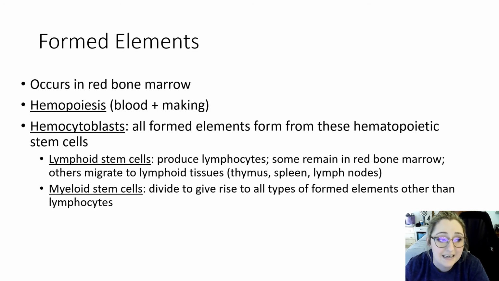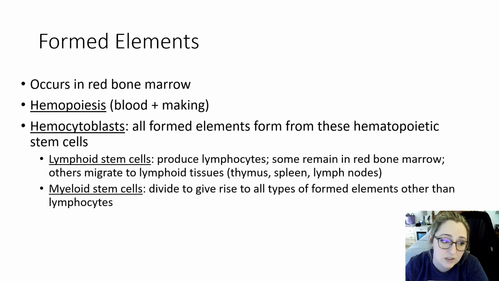You have a hemocytoblast, which are going to be all formed elements, are formed from these stem cells. So hemocytoblasts are like baby blood cells, baby white blood cells, baby red blood cells, and baby platelets, if you will. You do have a few other cells. I do want you to know loosely, but not as important as the hemocytoblast.